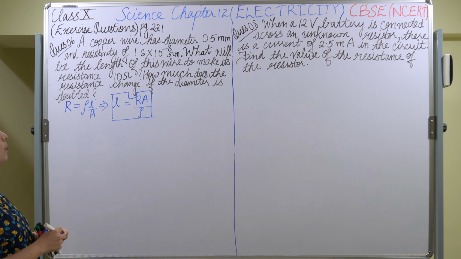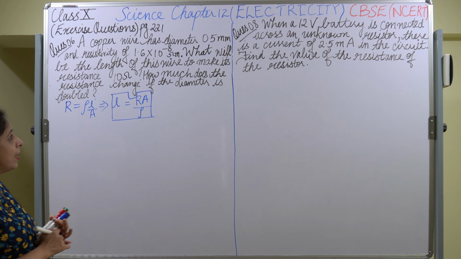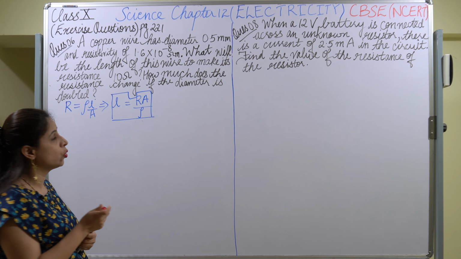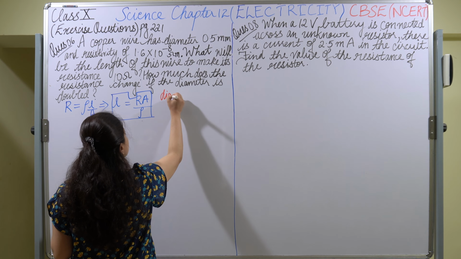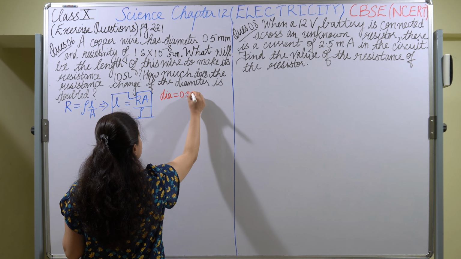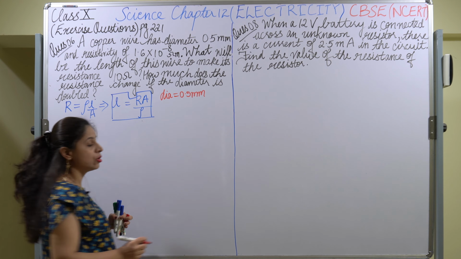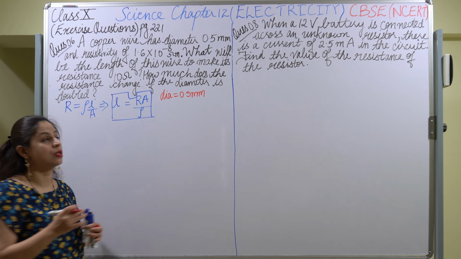Now, it is given that the copper wire has a diameter equal to 0.5 mm. The diameter is given in millimeters, so we need to convert it into meters first.